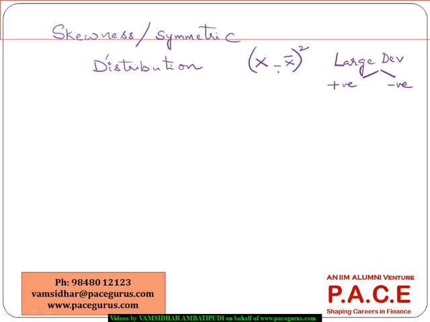So what is happening with the large deviations? A square is not telling me anything about where the deviations are more. Is it more towards the left side or more towards the right side? So I need a few more important calculations to understand the data in a much more effective manner.